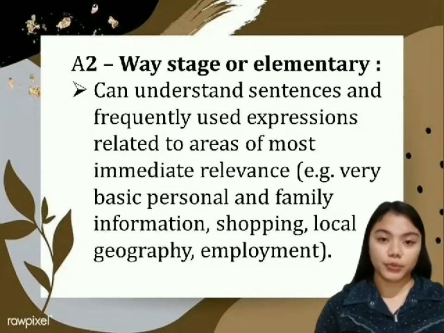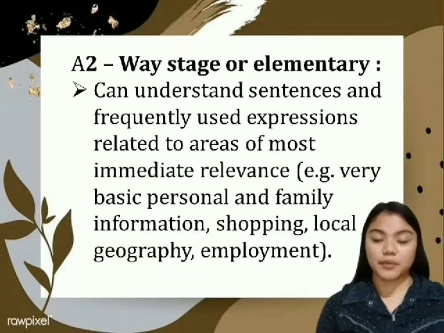While the A2 are the waystage or elementary level, who can understand sentences and frequently used expressions related to areas of most immediate relevance. Examples are very basic personal and family information, shopping, local geography, and employment.